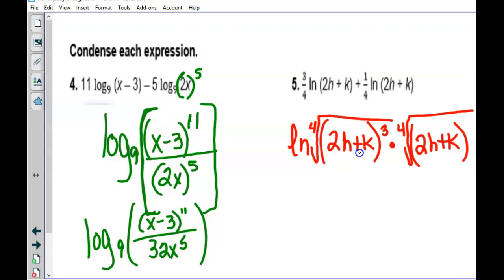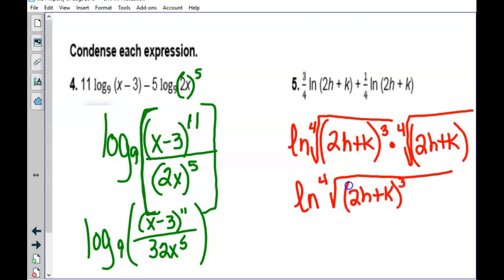Also, can we technically put both of them under the same root thing? Yes. Because they're both 4th roots. Now what do we have though? Just do 2h plus k to the 4.